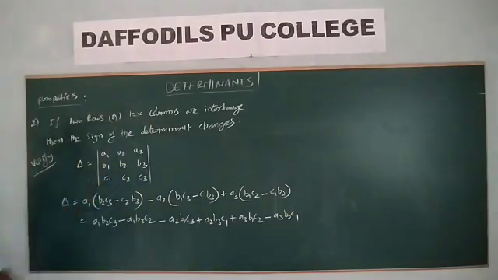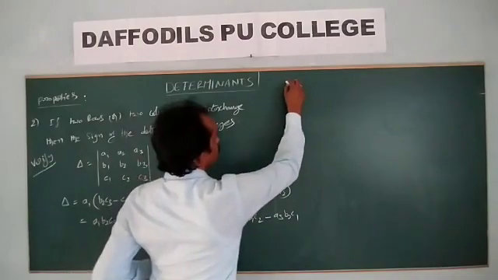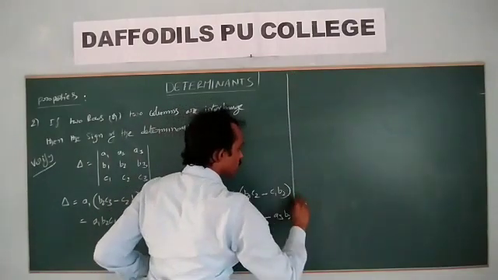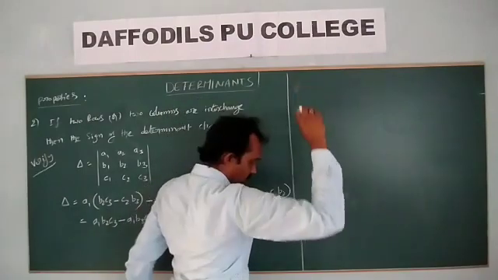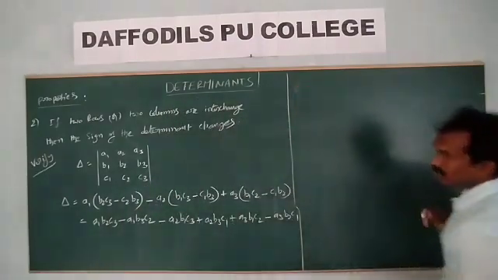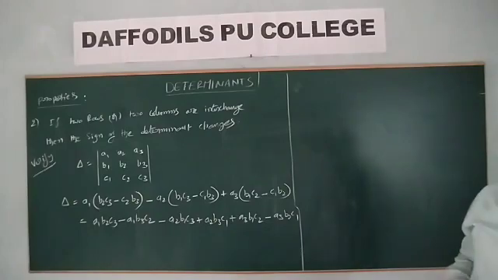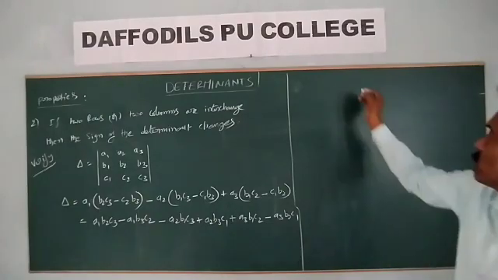This is the value of the determinant. Now we change. Change means after changing we consider it as another determinant. What should we change? What are our choices? Either rows or columns. I will change rows.